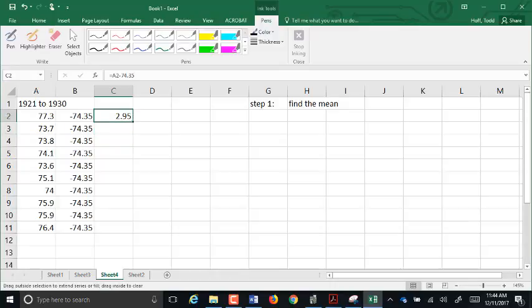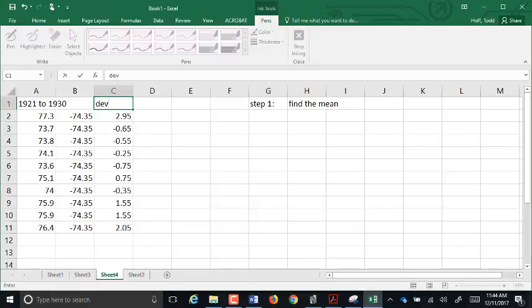So what is this column here? As we get these results, what are these called? Those are called the deviations. So that was step 2. Subtract the mean from each number.